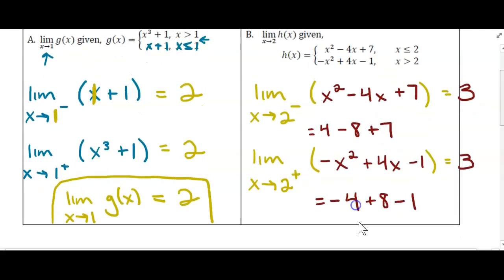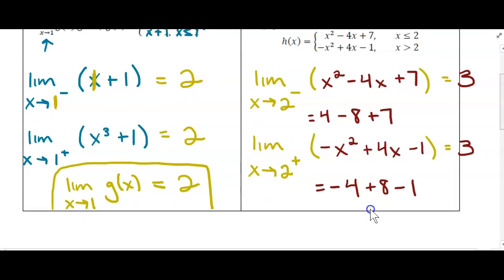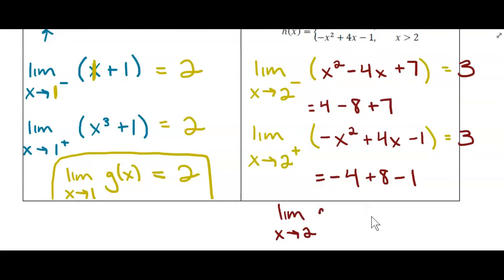Folks, our limit exists. The limit as x approaches 2 of h of x does exist because my one-sided limits are equal to each other, and it is 3.